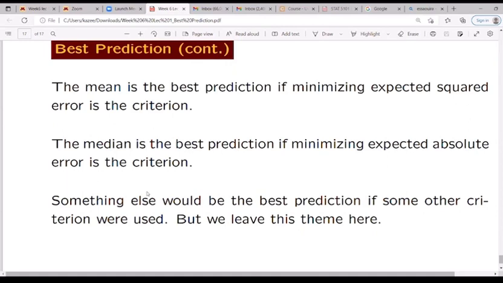I just demonstrated to you that the mean is the best prediction if you're trying to minimize the expected square error, and the median is the best prediction when you are minimizing the expected absolute error. And of course, if you're using other criteria, the mean and the median may not be the best prediction. So whether mean or median is the best prediction depends on the criteria you are using.